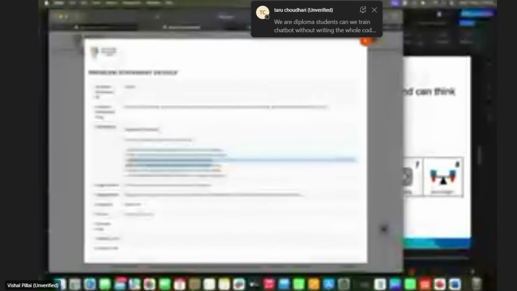But what I understand from this is that they are mainly trying to do ID generation and verification. These are some of the things that you need to actually discuss with your guides.